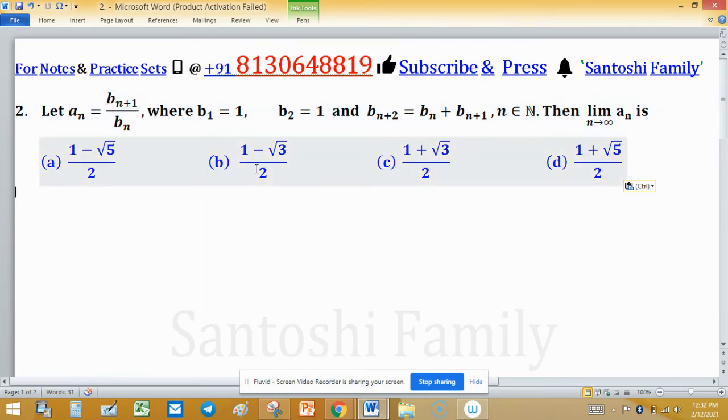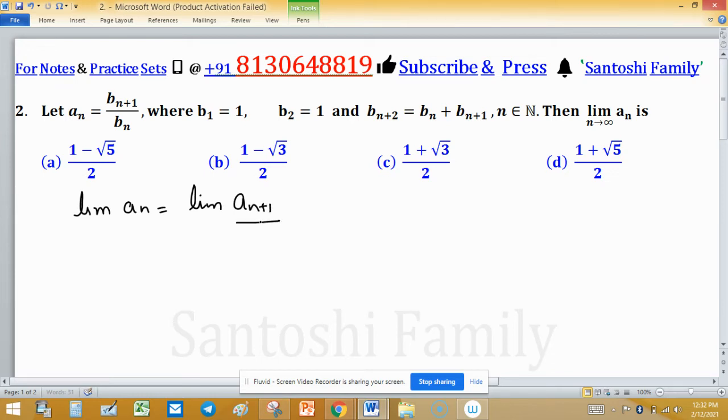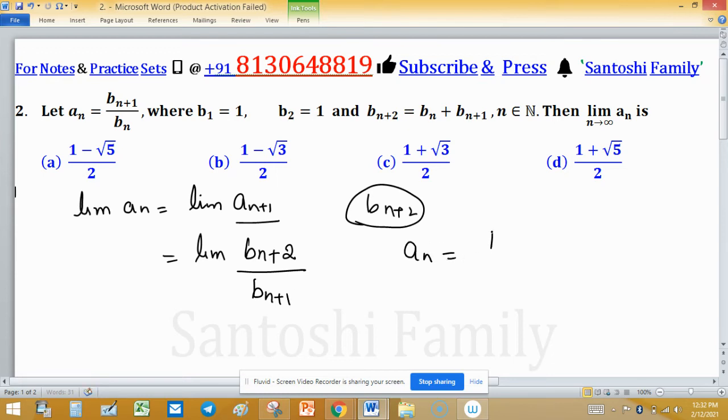What is the limit of a_n? The limit of a_n will equal the limit of a_(n+1). I use this one because we know the relation of b_(n+2), and I can use it conveniently. So the limit of a_(n+1) can be written as b_(n+2) divided by b_(n+1), because a_n is b_(n+1) divided by b_n.